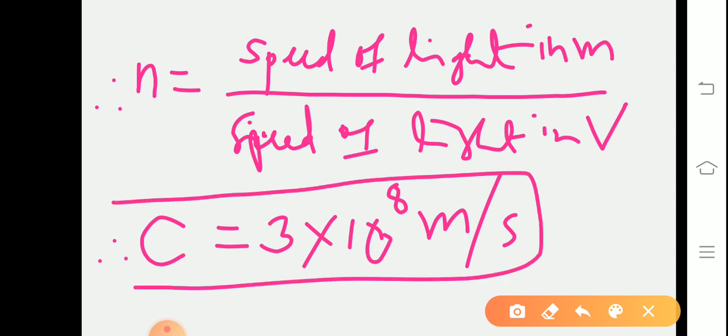You must remember this. Whereas the speed of light in a medium varies from medium to medium: in water, in air, in glass, it is different. So this is nothing but the refractive index of the medium.